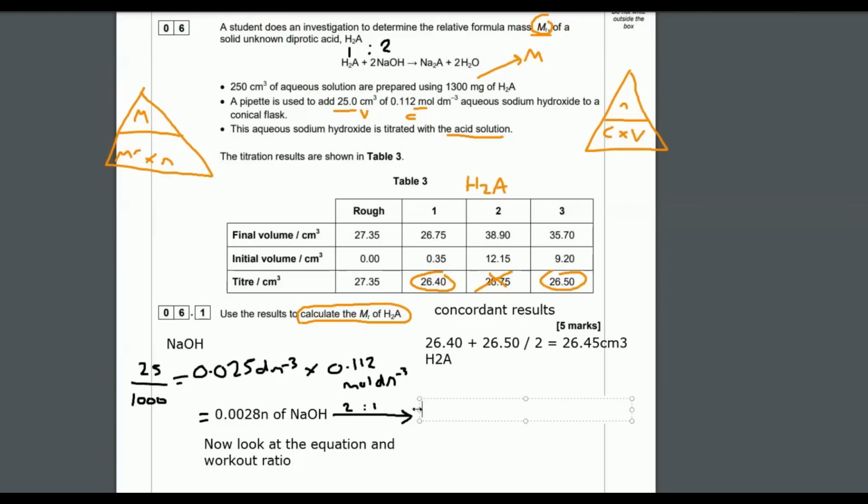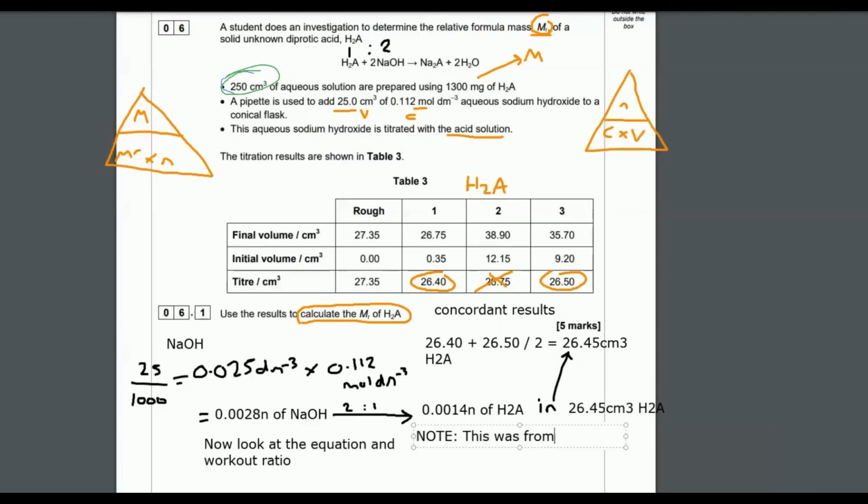And if you do 0.0028 divided by 2, you're going to get 0.0014 of H2A. That's the diprotic acid. We now know the moles of diprotic acid. We want to find the Mr of this. Now, we know the moles in 26.45 centimeters cubed. However, if we look earlier on in the question, it told us that we started off with 250 centimeters cubed of diprotic acid.